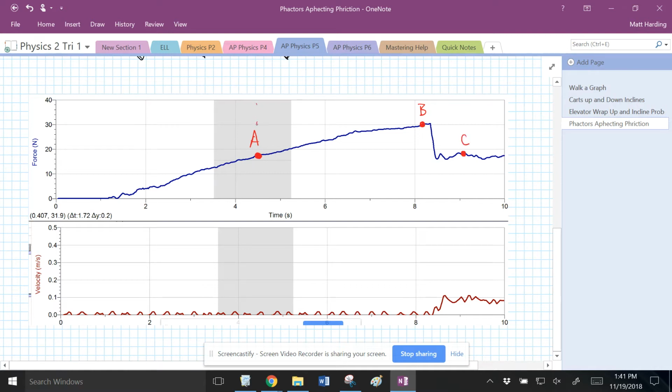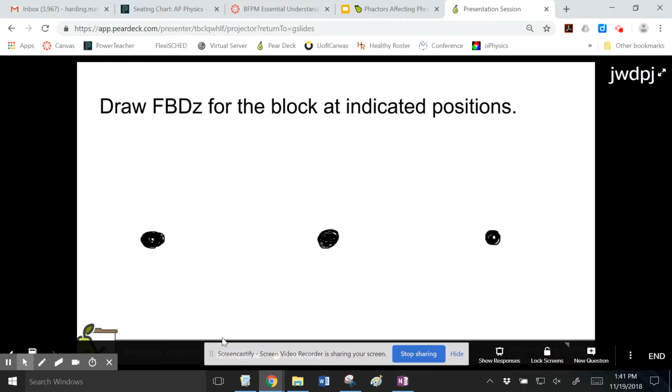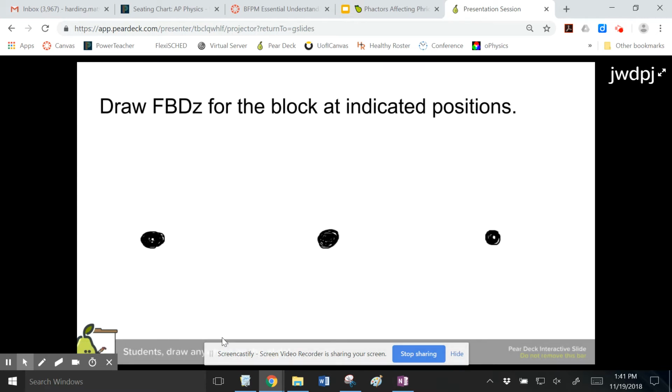Okay? And if you look at what's going on on the velocity time graph below at that time, think about what's going on there in terms of forces, okay? So draw free body diagrams at the indicated spots. So that first dot at A, that second dot at B, and that last dot C. Let's keep things simple.